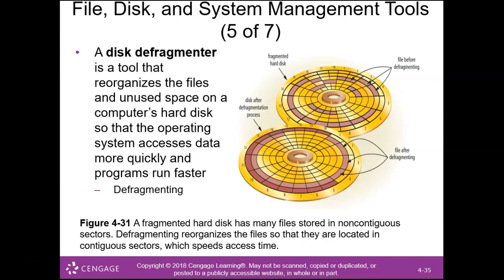So we want to do defragmentation. Defragmentation is the process of consolidating these fragmented files on the user's hard drive. The files become fragmented when data is written to the disk and there's not enough contiguous space to hold the complete file. So defragmentation is the opposite of fragmentation.